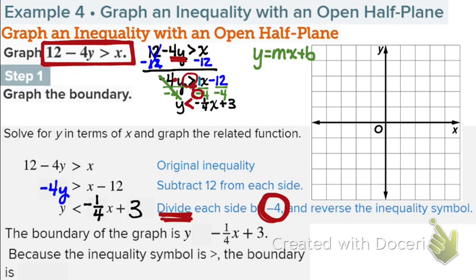We divided by a negative, which did what to my inequality symbol? What did I say we had to do to the alligator mouth when we divided by a negative? We had to flip it. We had to reverse it or flip it.